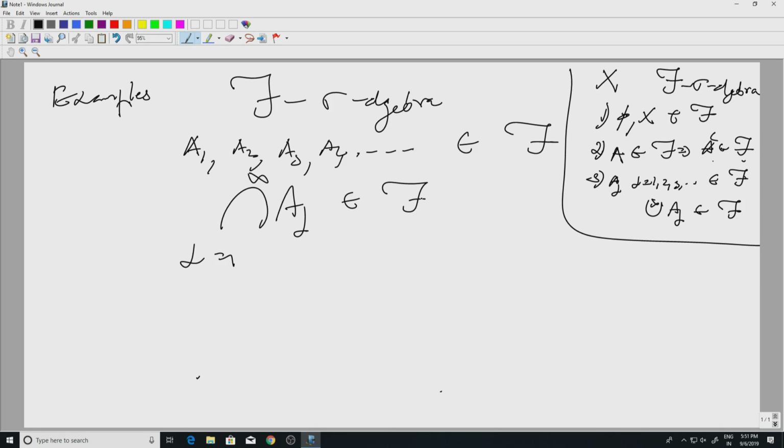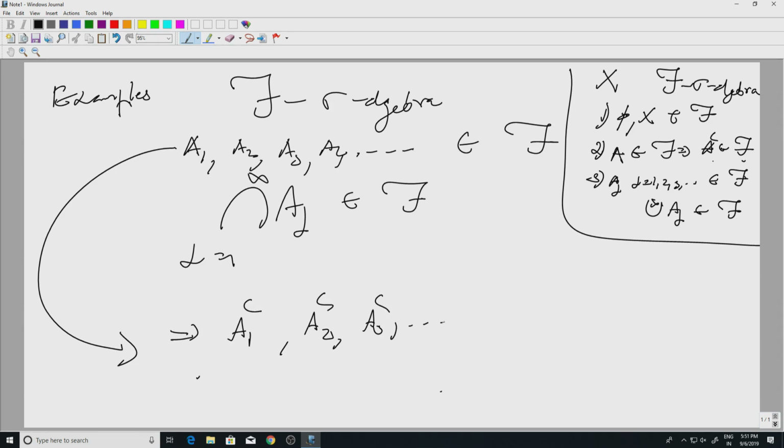Why is that? Because from here I know that A1 complement, A2 complement, A3 complement etc. belong to script f. The third property tells me that the union of the complements, j equal to 1 to infinity, also belongs to script f.